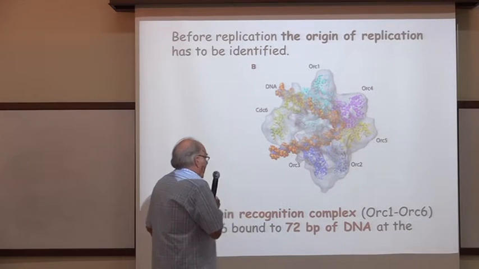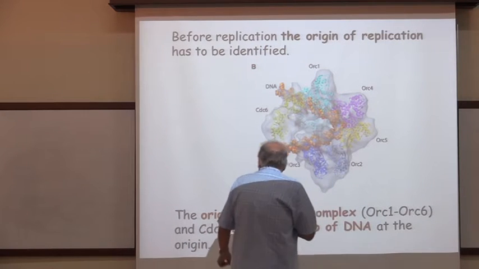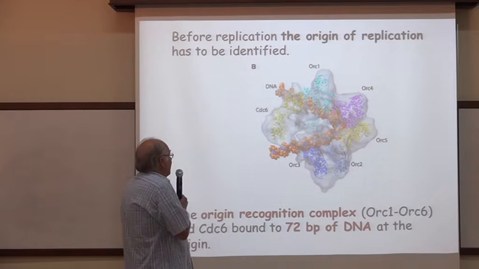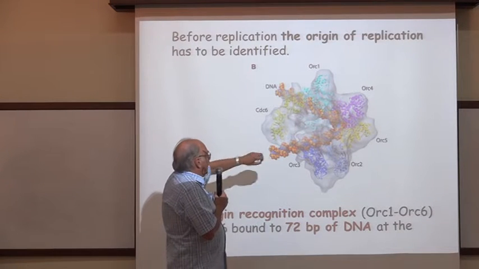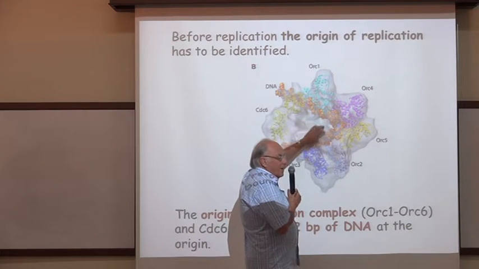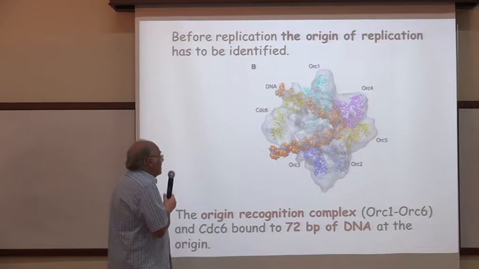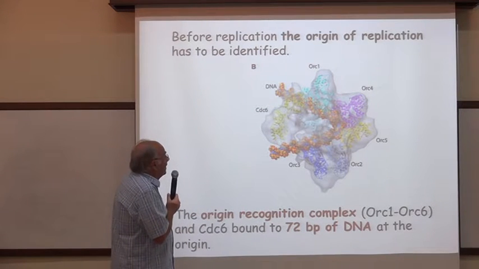So it's ORC1 to ORC6, and a protein called CDC6, and it makes a specific structure that can bend and identify the origin of replication on the DNA.